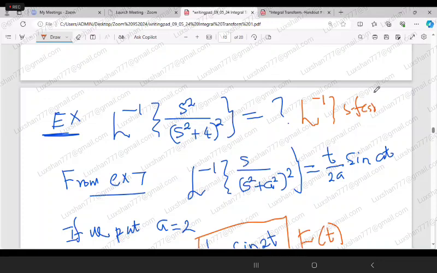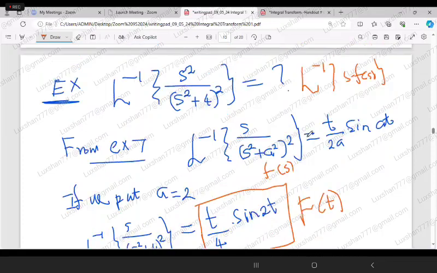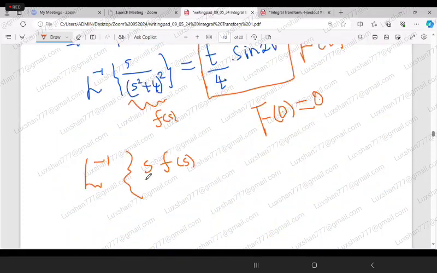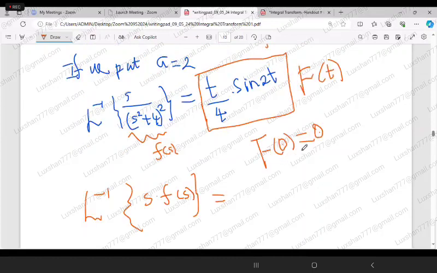Because f(0) equals 0, then only we can use that. You have to remember this one, otherwise we cannot use this one.